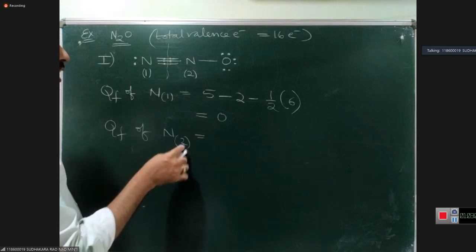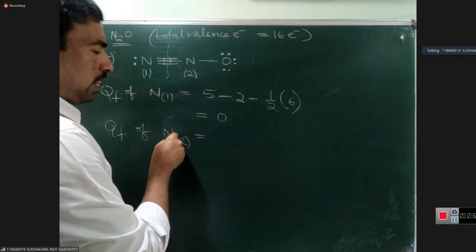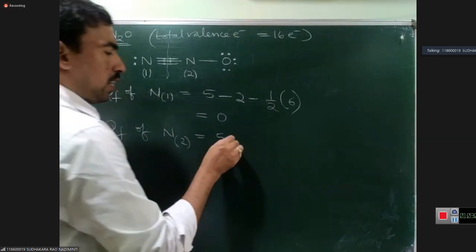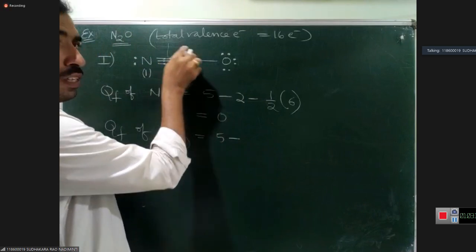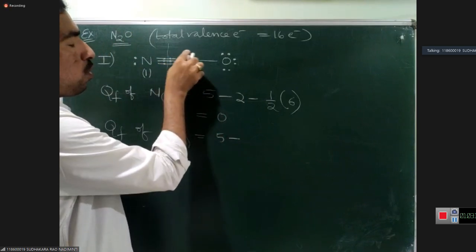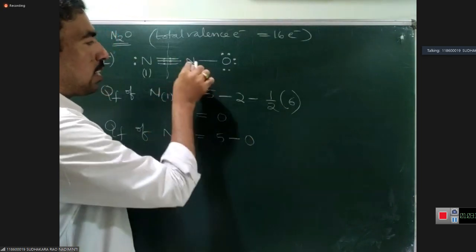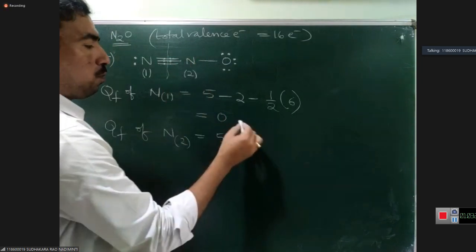Now the formal charge of the second nitrogen, how to calculate? When the nitrogen atom is present in the free state, the number of valence electrons is 5, minus number of electrons present as lone pairs. In this Lewis structure, no lone pairs are present on the nitrogen, so the number of electrons present as lone pairs is 0.